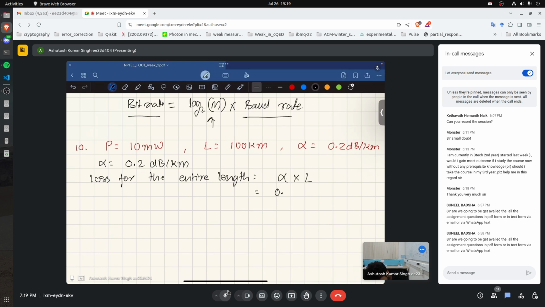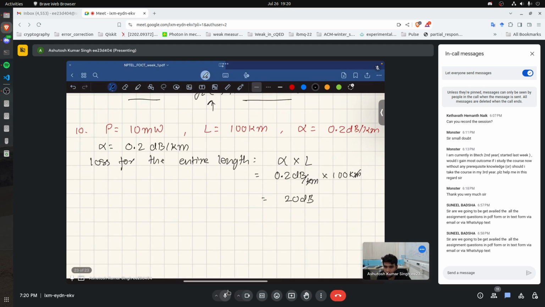So it is 0.2 dB per kilometer into 100 kilometers, which means 20 dB. So the loss in the entire system is 20 dB. Now the first question is the power at the end of the fiber.